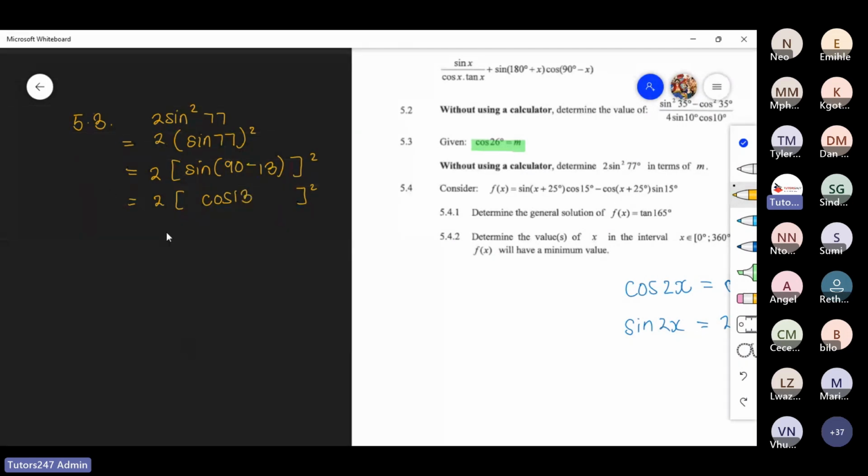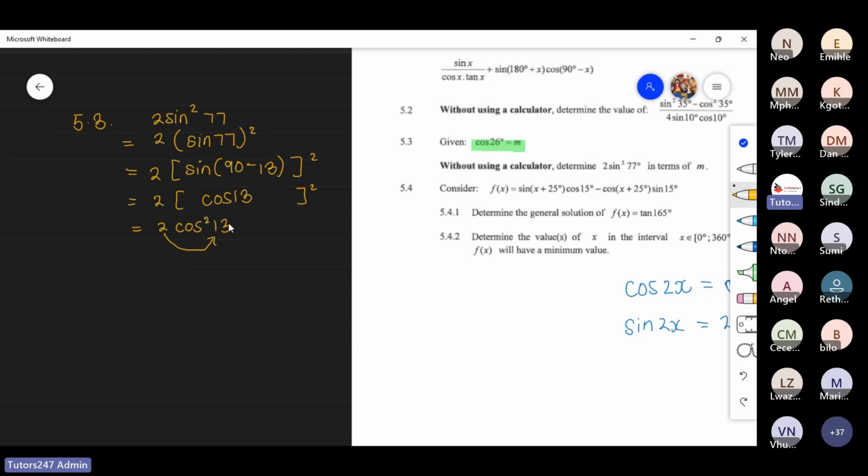From here, we can continue. Do you see how cos of 13 is quite close to cos of 26? So we're moving in the right direction. So let's continue. From here, we have 2 cos squared 13. Now, please keep in mind, you cannot multiply this 2 with the 13 and say cos squared of 26.